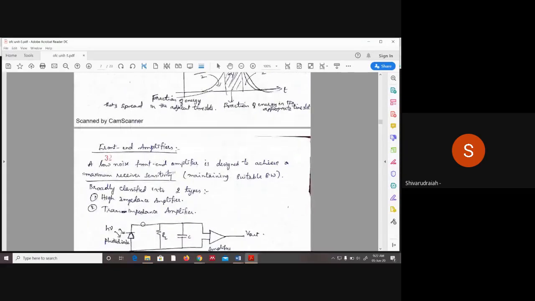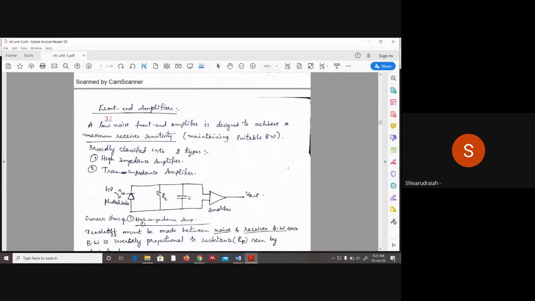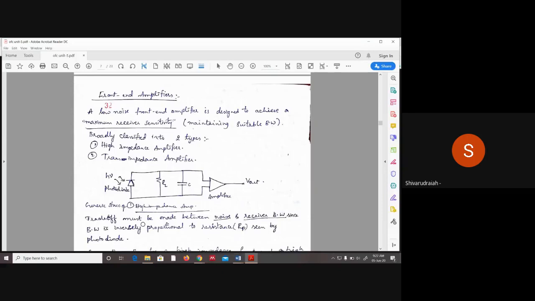Coming to the next topic, I think I have not mentioned the front-end amplifier design. I just mentioned what an amplifier is, and as you have seen in the block diagram, after the photodetector we have a block called the front-end amplifier. Front-end amplifiers are of two types. A low noise front-end amplifier is designed in order to achieve maximum receiver sensitivity.